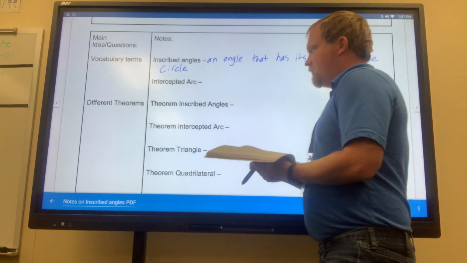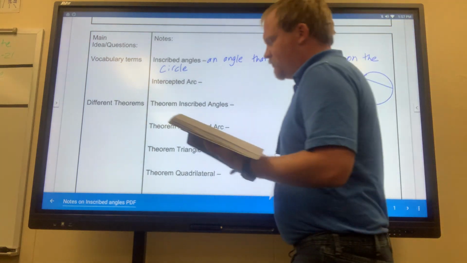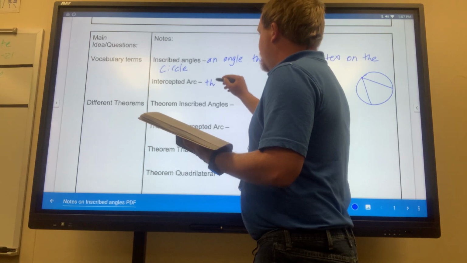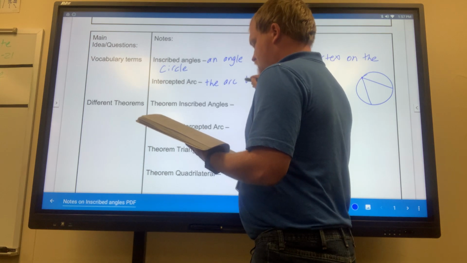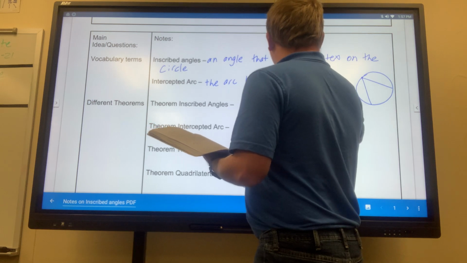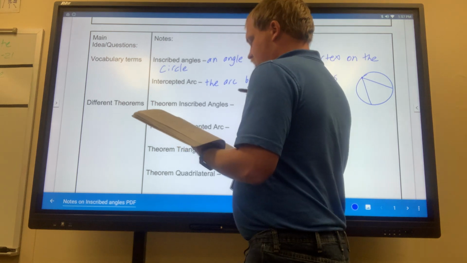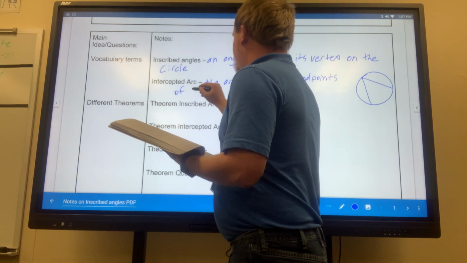Now, there's another thing called an intercepted arc, which is pretty simple because it's the arc between the endpoints of the inscribed angle.